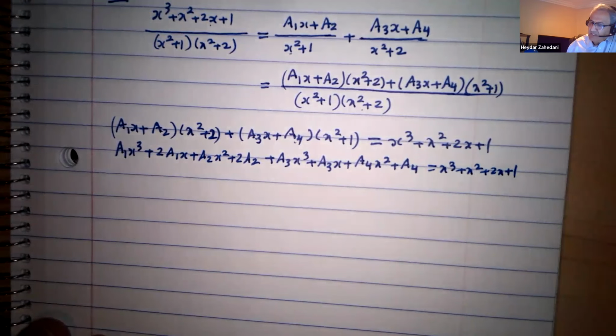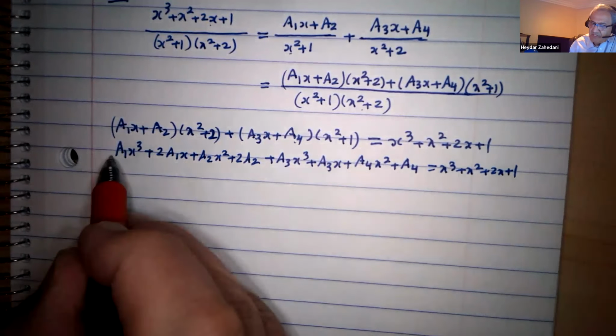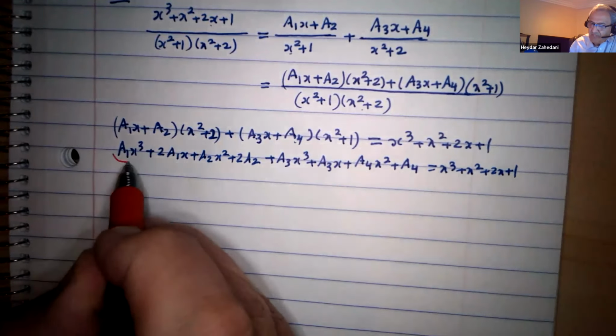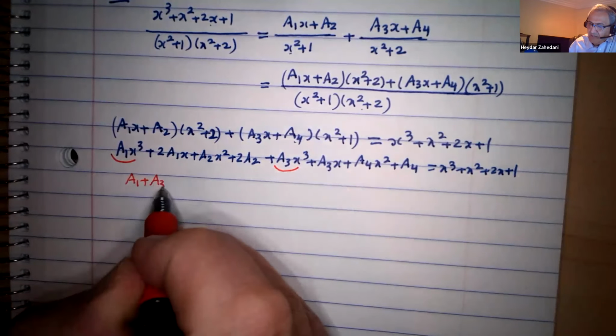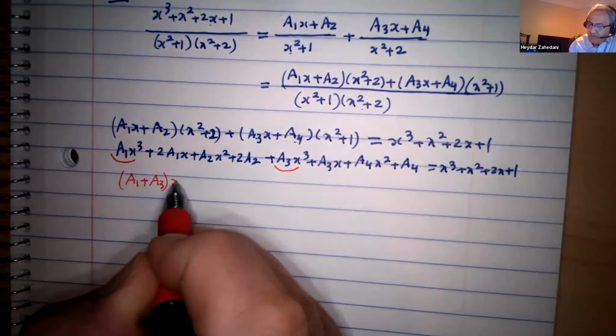Now put them nicely together. Let's start with the x cubed. You see how many x cubed we have? A1x cubed, and you get the A3x cubed. Factor out the x cubed, and that gives you A1 plus A3 times x cubed. Then get the x squared: plus A2 plus A4 times x squared.